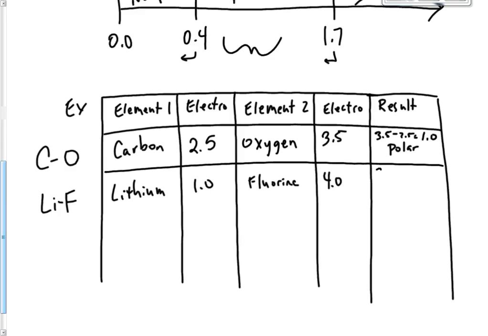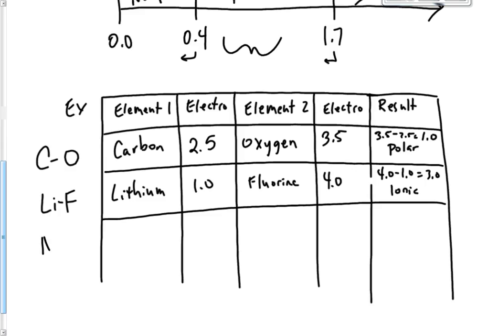So 4.0 minus 1.0 equals 3.0, and that is way past 1.7. So this one is ionic. You should have already known that because lithium is a metal and fluorine is a non-metal, which automatically makes it ionic. But if you didn't, you can figure it out this way.